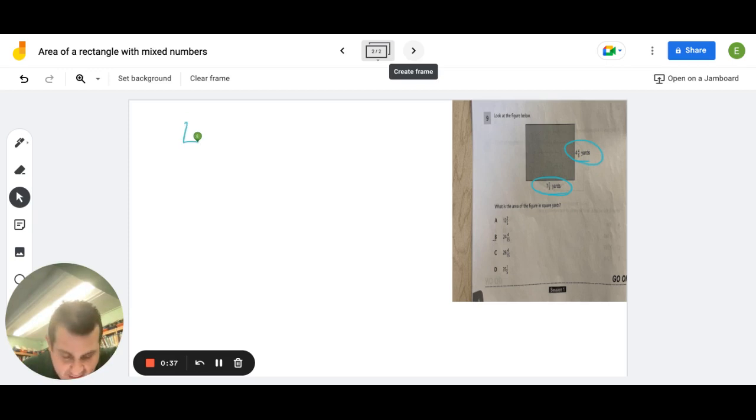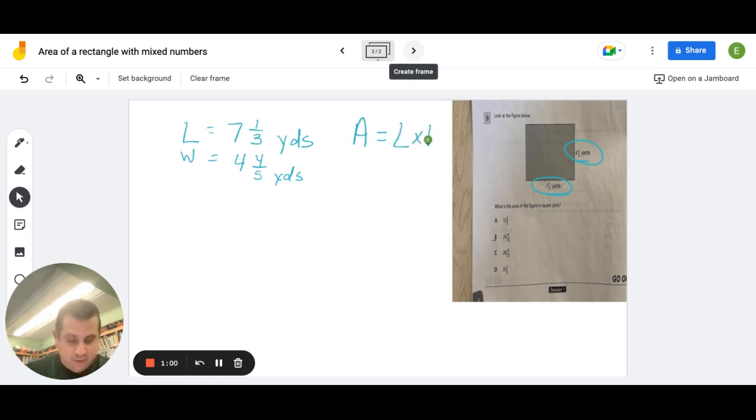So we have a length of 7 1/3 yards, and we have the width of 4 4/5 yards. To find the area, we do length times width. We have to find the area of the figure in square yards.